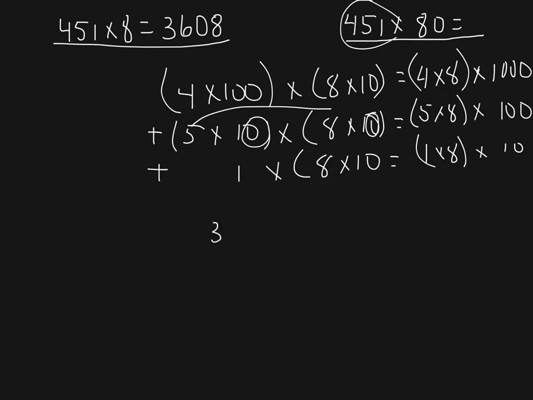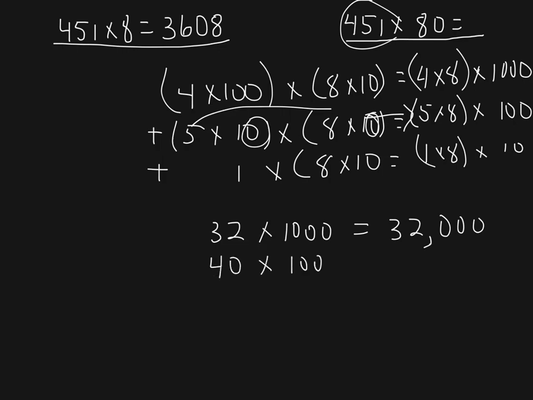4 times 8 is 32 times 1,000. And that's going to be 32,000. And that was supposed to be a comma. And over here, 5 times 8 times 100. 5 times 8 is 40 times 100.